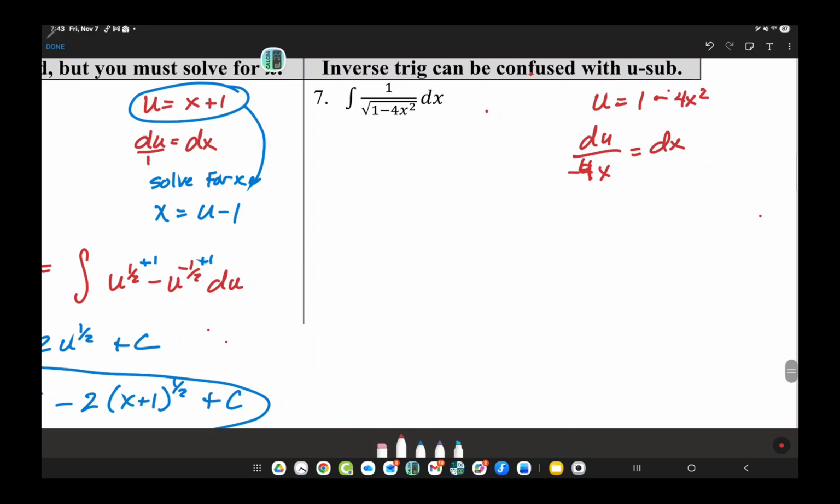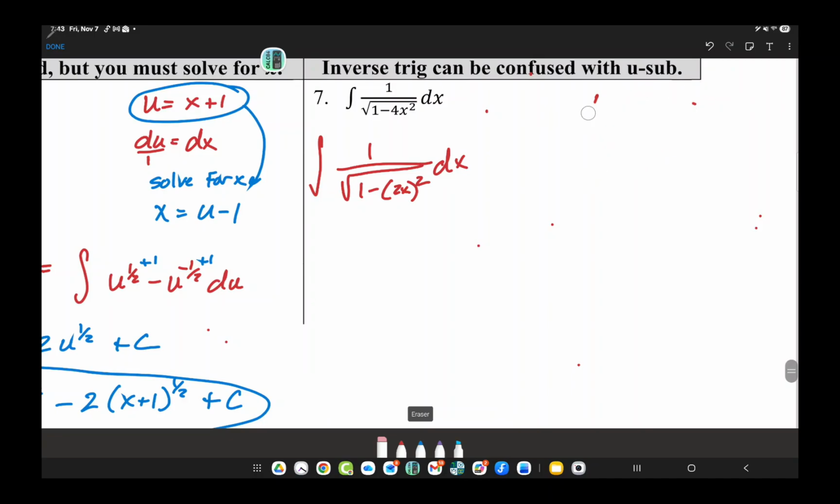In fact, if we rewrite this as 1 over the square root of 1 minus (2x) squared dx. Okay, by the way, don't write this. You can write that part. So if we write it like that, we can say that u is equal to 2x, which means du over 2 is equal to dx.